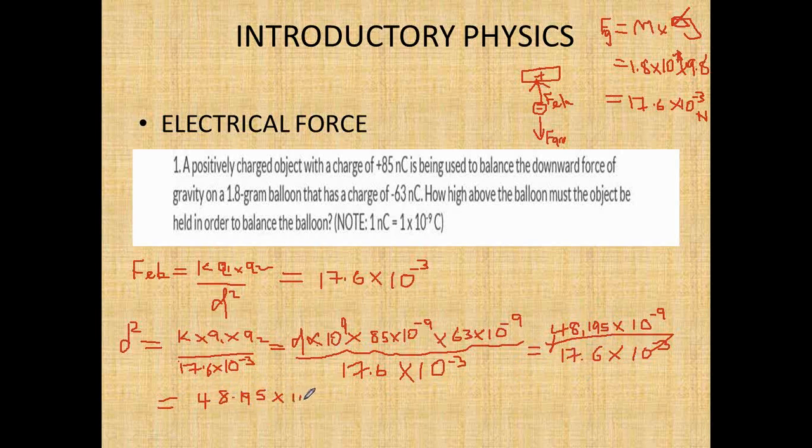It's the same thing. If you remove this, you just have to move your point 3 spaces to the right, 1, 2, 3. So 48.195 times 10 to the power 3 is the same thing as that. And then you have times 10 to the power 9.